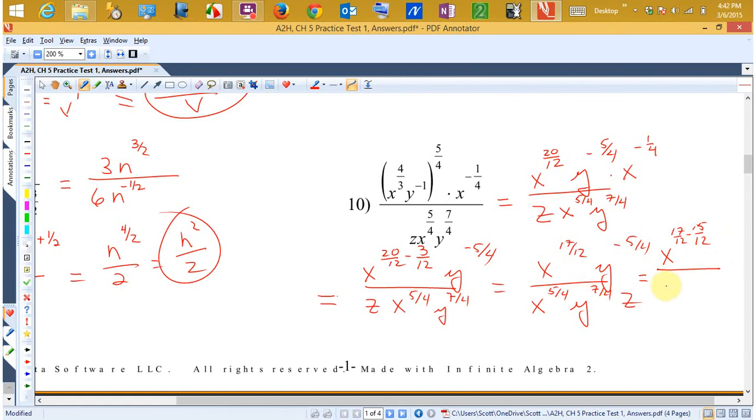That's going to be all over y, and it's going to be 7/4 minus this negative 5/4, so that's plus 5/4, and then we have z. So for my x's, I'm going to have x to the 2/12 all over y to the 12/4. 7 plus 5 is 12, so 12/4.